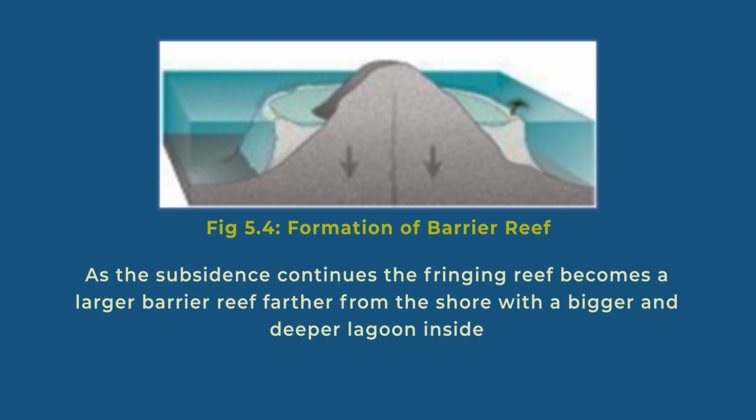So, you can see that between the reef and the island, there is a shallow lagoon, you can call it a lake, you can call it a pond, but the best word is a lagoon. And on the seaward side, there is a sudden drop to the sea bottom. This is the barrier reef according to Darwin.